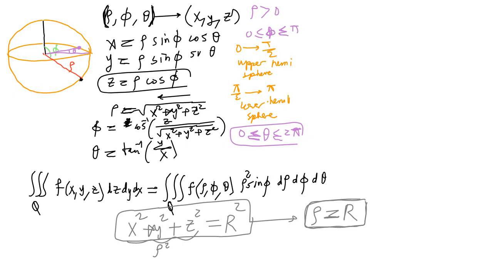Also, we proved last time that the cone z equals radical x squared plus y squared is mapped into phi equals pi over 4.